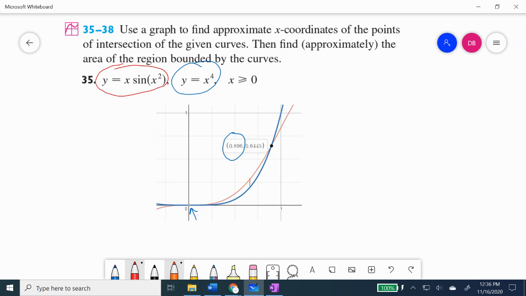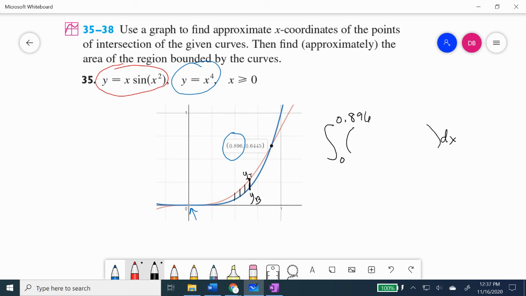If I want to find the area, then drawing vertical lines between them, maybe I should use another color, there we go. I can see who is making y top, who is making y bottom. And when I draw vertical lines, that means the infinitesimally thin dimension is x. I am integrating with respect to x from x equals 0 to x equals the intersection point of 0.896.